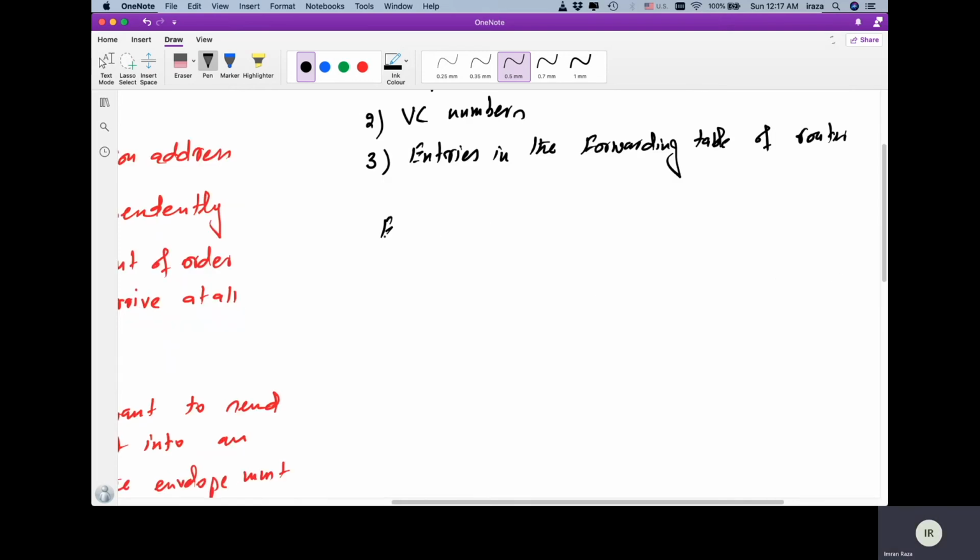Right, try to understand it with the help of an example. And we'll also try to differentiate the packet switch network and virtual circuit network with the help of this example.